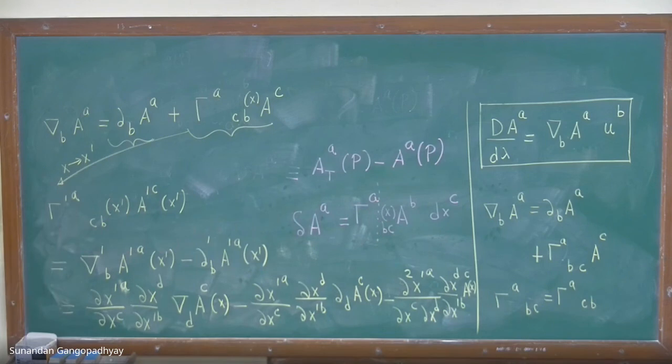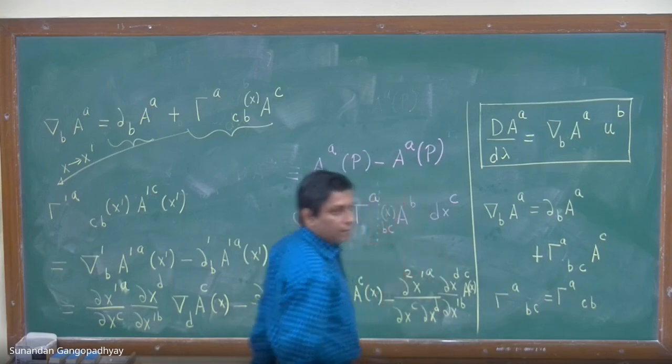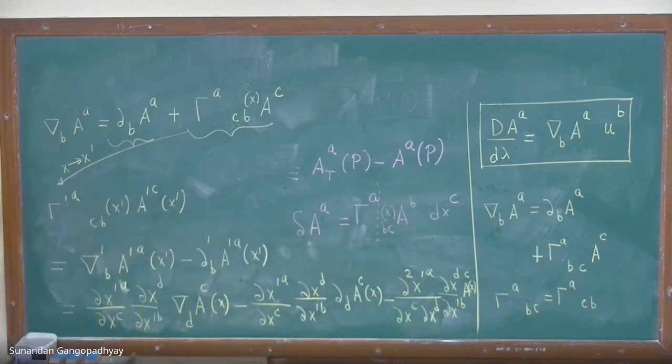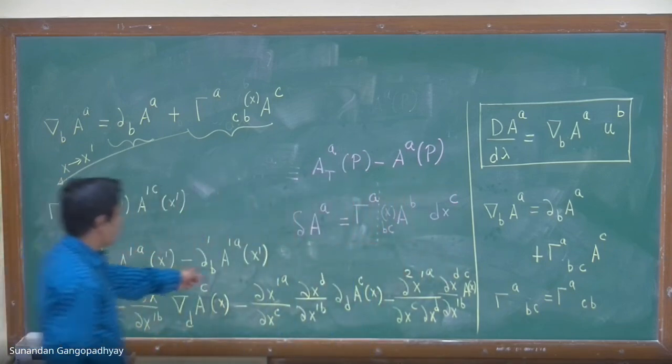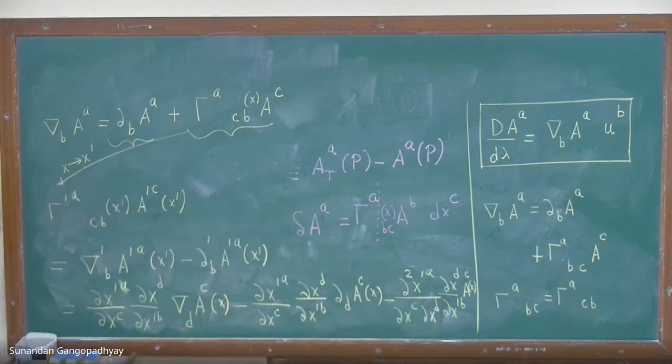That's the AD. D is contracted, oh, I see. So you just put in the transformation property of this, so these will be these two terms. Good.